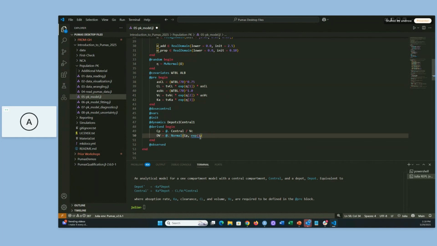That's adding in and trying to describe that unexplained error, that residual error, that RUV, found within your observations. So in terms of being able to build out your initial model, that is the key. That is the base, the minimum that you're going to need to be able to get your model to actually build and run.